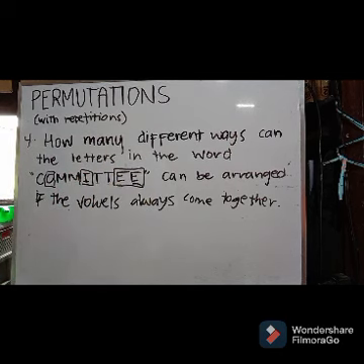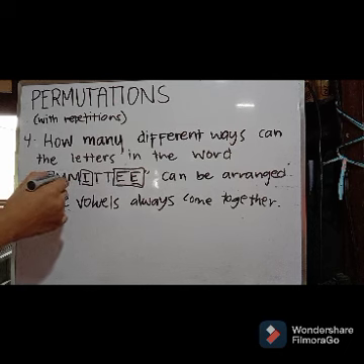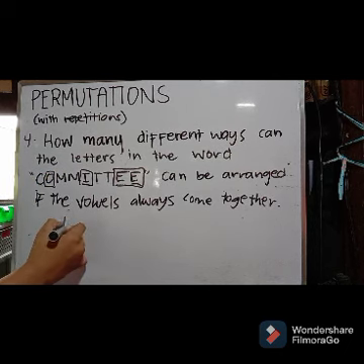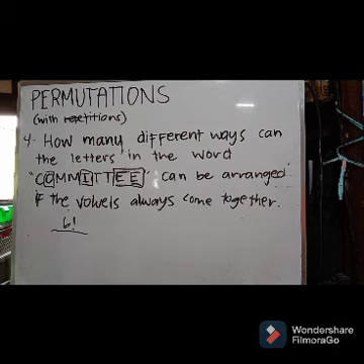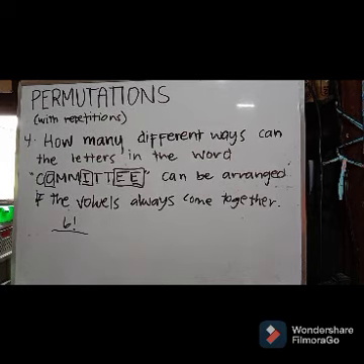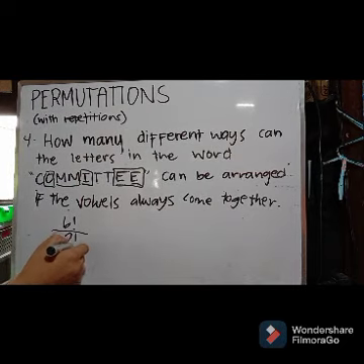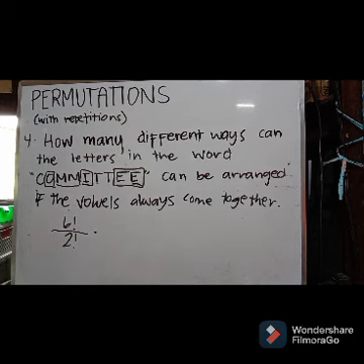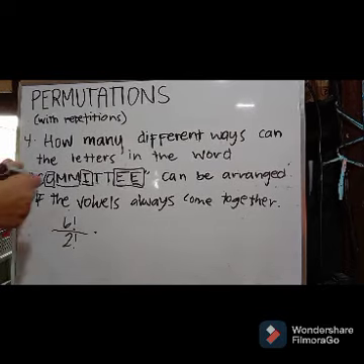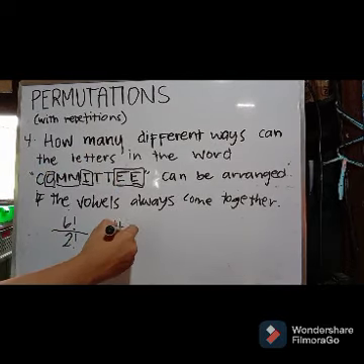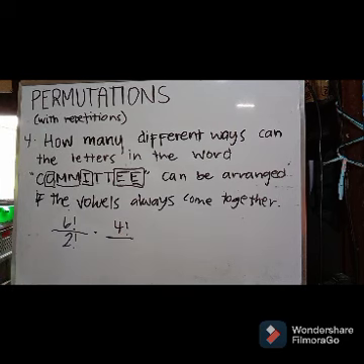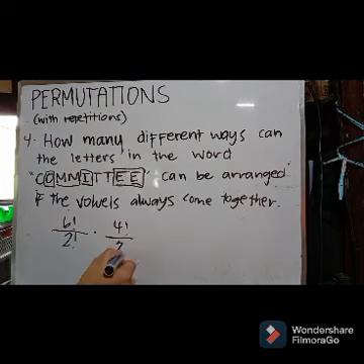So the characters only have 1, 2, 3, 4, 5, 6. So 6 factorial over the same characters, the M, so over 2 factorial. Multiplied by the arrangement between all the vowels that come together. So O, I, E, and E are 4, over the same characters, letter E, 2 factorial.